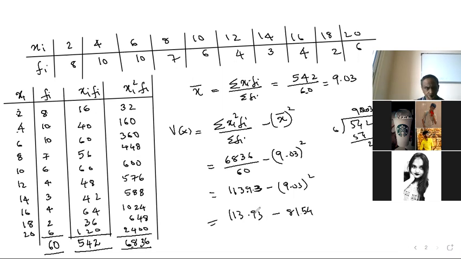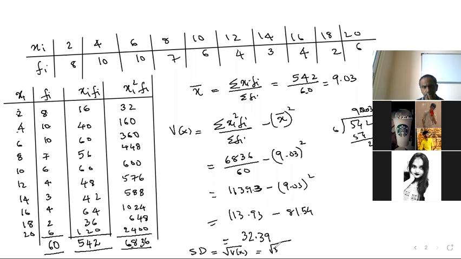So that will give you 32.39. Then the standard deviation is the root of the variance.